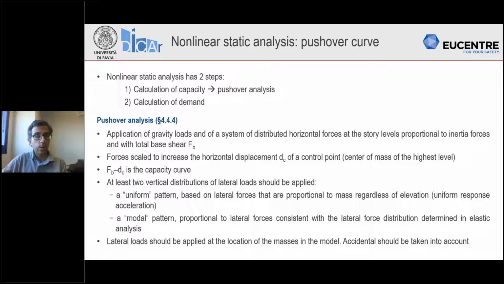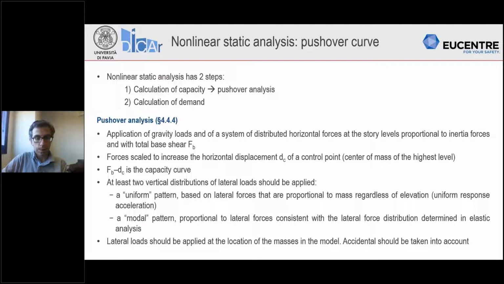At least two distributions of lateral forces should be applied. A uniform pattern, which means that the forces are proportional to the masses, uniform because the acceleration is uniform along the height, and a modal pattern where the forces are proportional to the lateral force distribution determined in an elastic analysis.